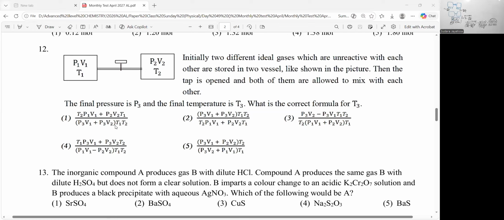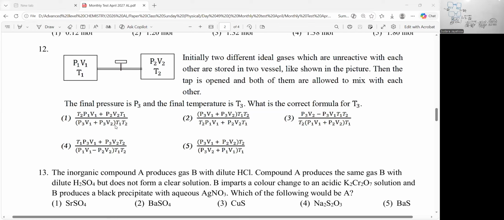So now it says A can release the same gas B with both dilute HCl and dilute sulfuric acid. So the common thing for both these acids is H plus. They are releasing H plus. So whatever this gas is, it is some gas released due to H plus.